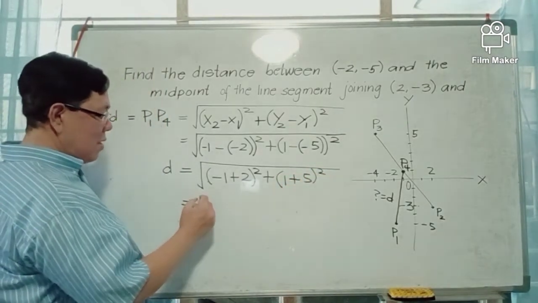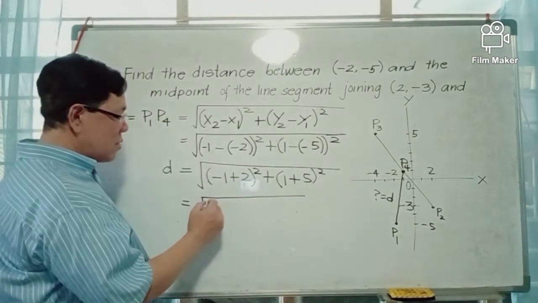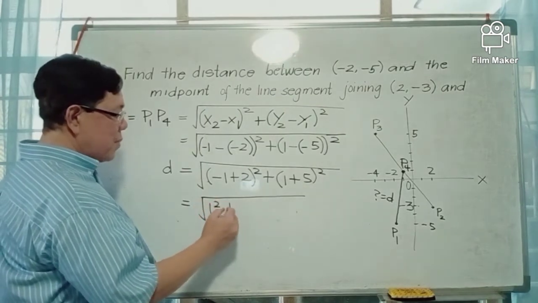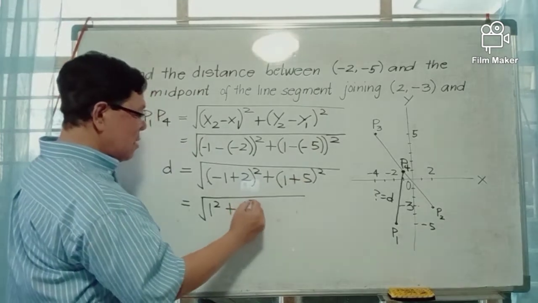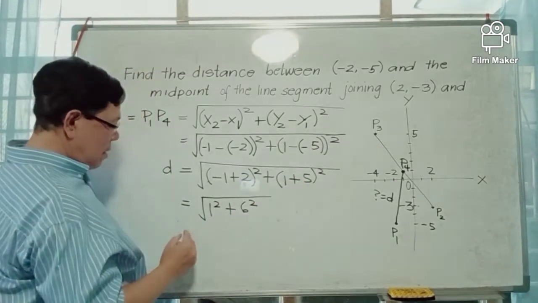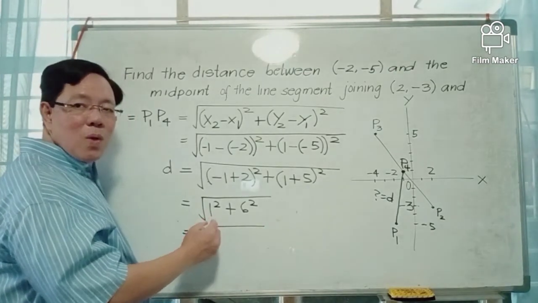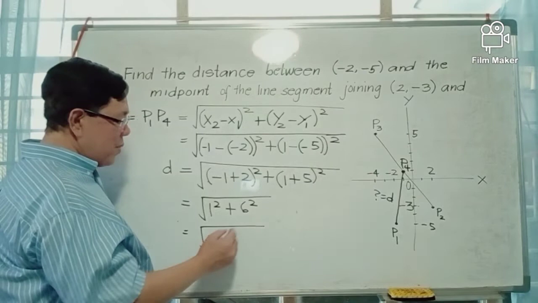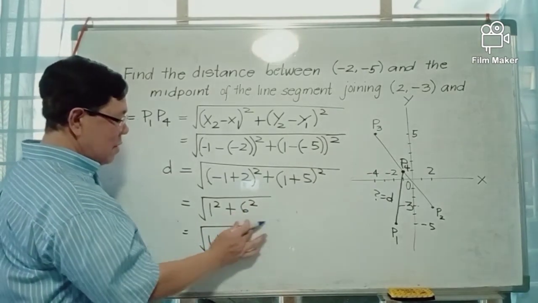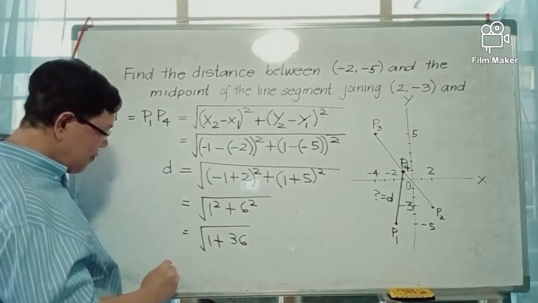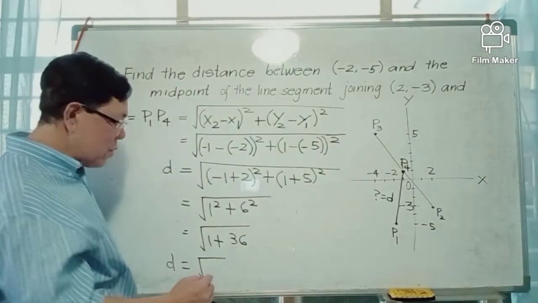To simplify further, we get the root of -1 plus 2 is 1 squared, plus 1 plus 5 is 6 squared. Square of 1 is 1, plus the square of 6 is 36. And therefore D is equal to the principal root, or the positive root, of 37.